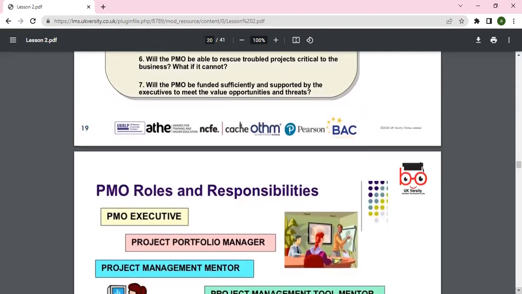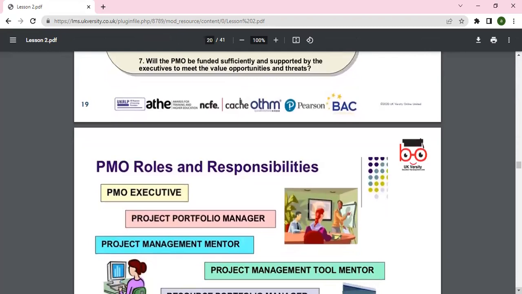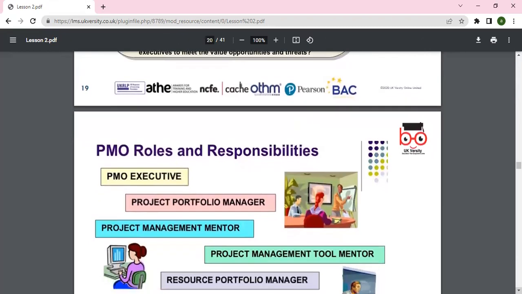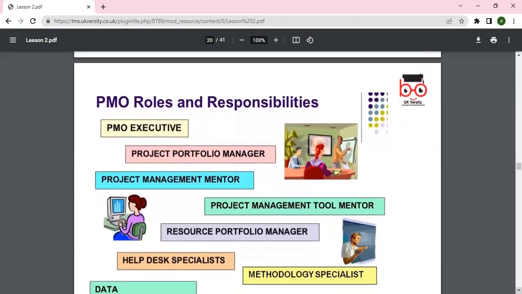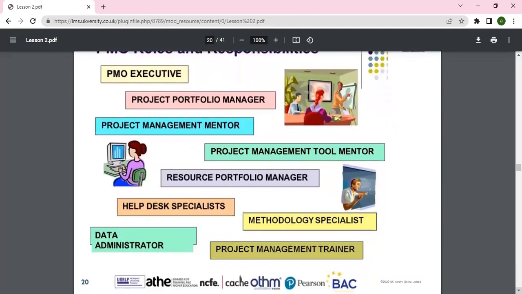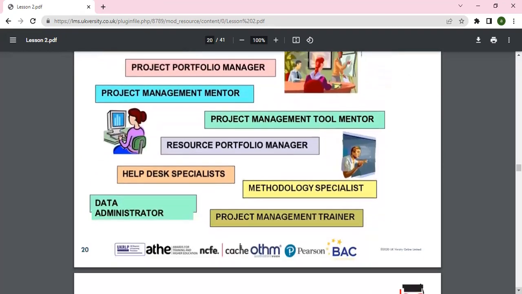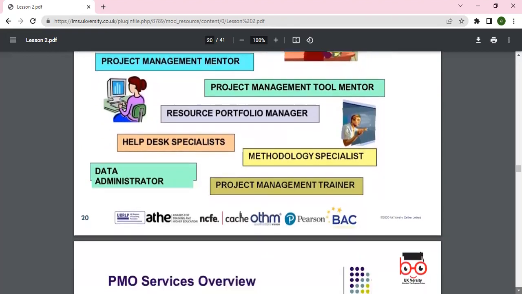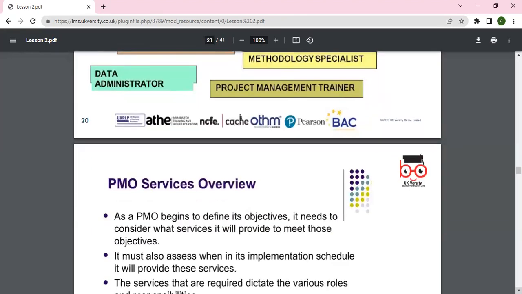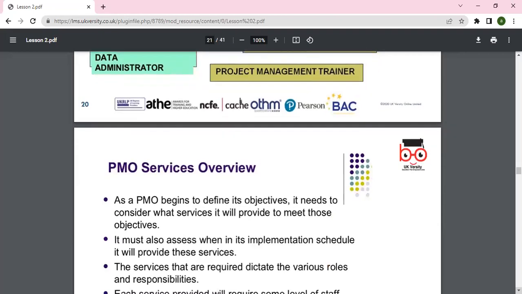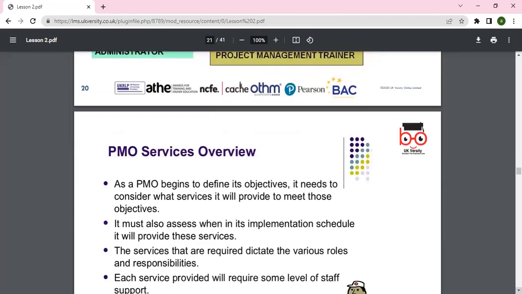So when we're looking at the PMO roles and responsibilities: PMO executive, PMO portfolio, PMO management, PMO tools, and the project management trainer. So these are all the people who can be in a project management office. For project management office services, the defined objective needs to be considered.